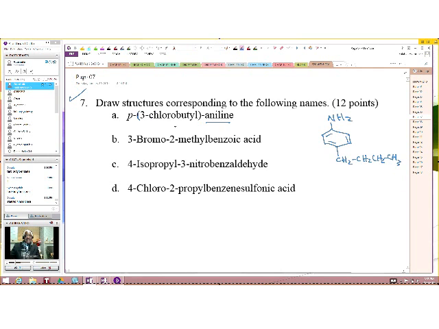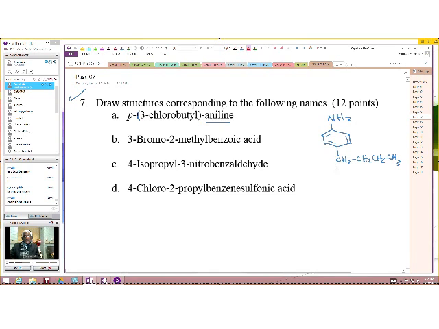Whenever you have a side chain attached to the base name, and that side chain also carries a substituent, you number the side chain from the position where it is attached to the base name.